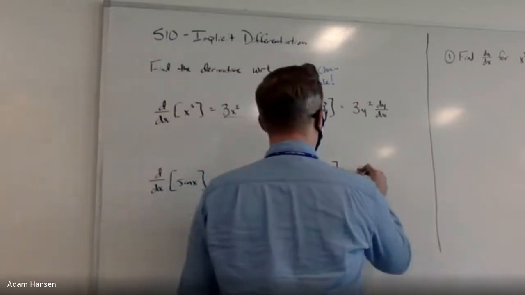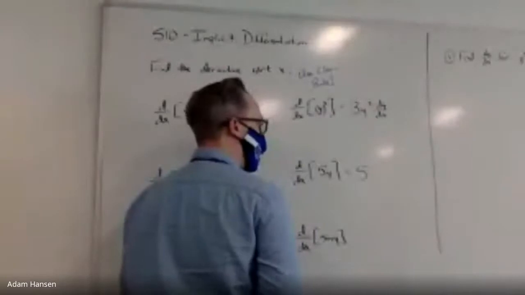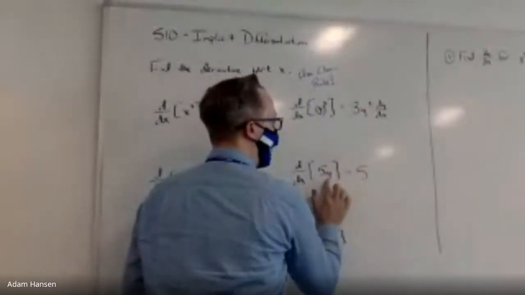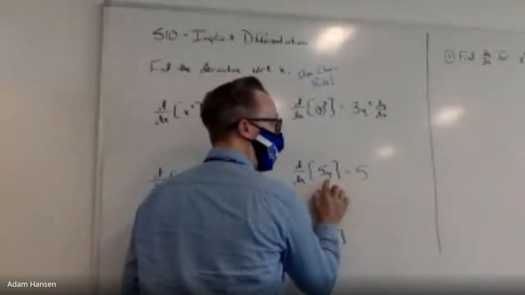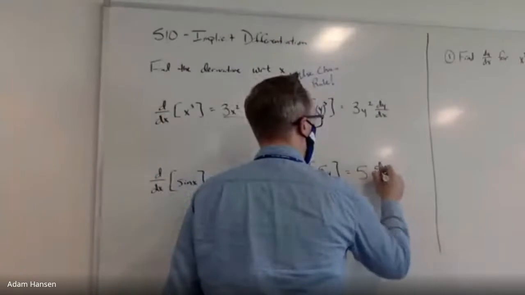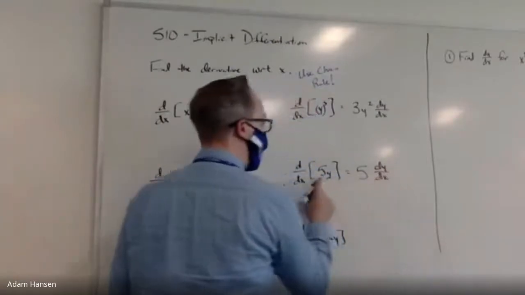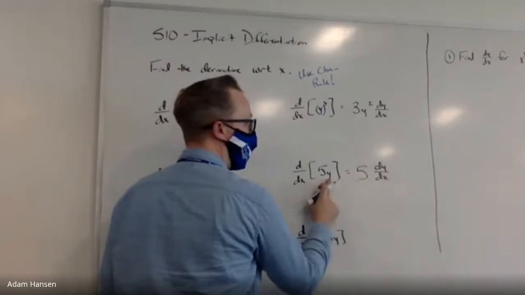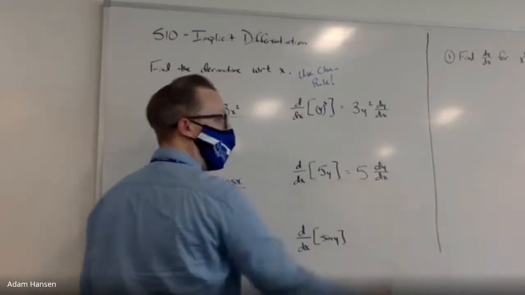But then what else? Derivative of 5y is 5 times the derivative of y in terms of x. 5 dy dx. Bring over the 5, because that's just a constant multiplying my function of y. But I need to find the derivative of y with respect to x, so it's just dy dx.